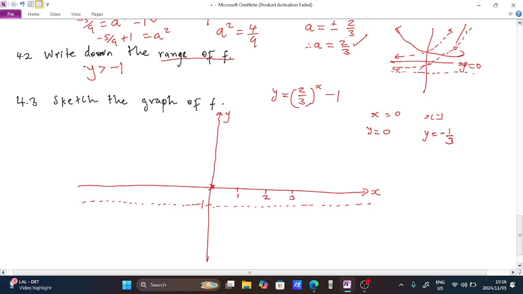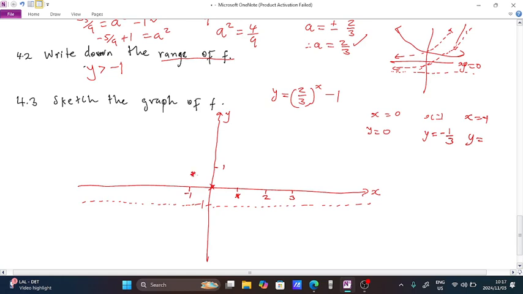So at 1 it is -1 over 3, maybe somewhere at this level. Then now we can put x equals -1 and tell me the value of y. You get a half. So if it's -1 here, it goes with positive half. If here is 1, it will be somewhere here.